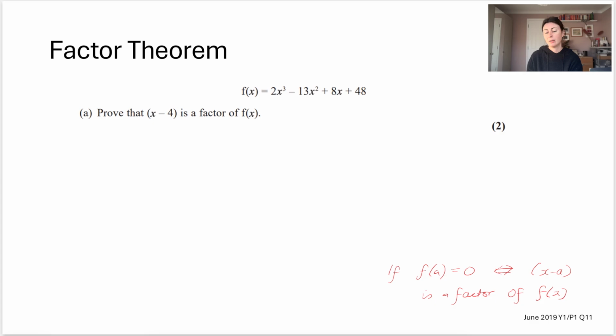So if x minus a is a factor of f of x, then f of a will equal 0. And then if f of a equals 0, then x minus a would be a factor of f of x. And so in this case, we are going from right to left. Prove x minus a is a factor. So we'd be looking at f of 4.